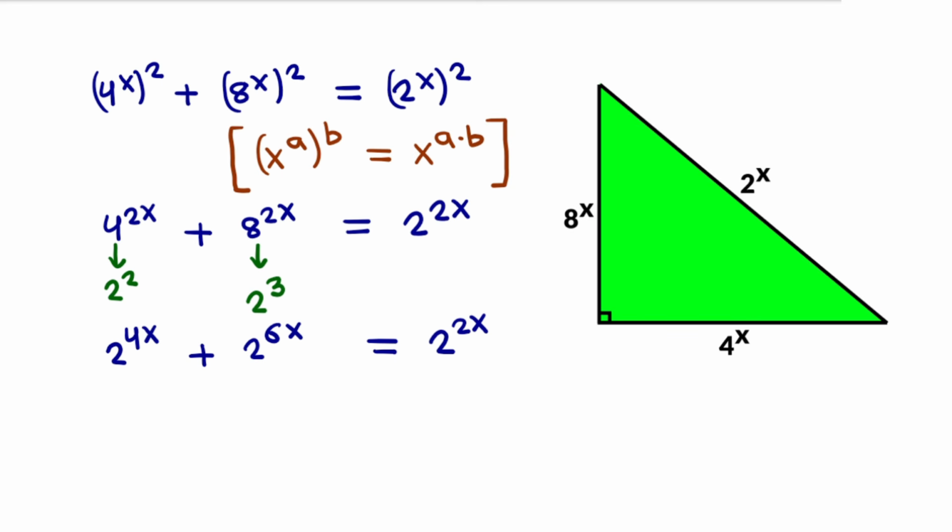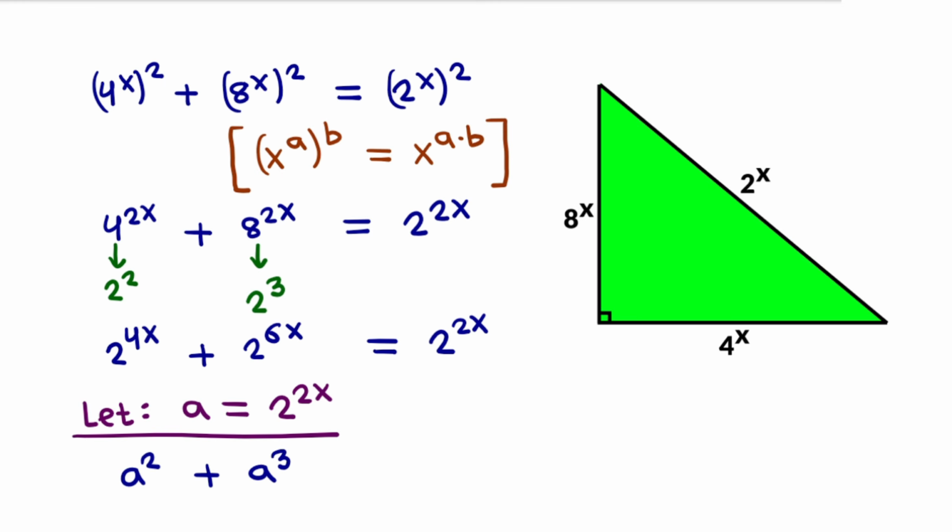At this point, every term involves 2 to the power of 2x. That suggests a very useful substitution. Let's let a equal 2^(2x). Watch how clean the equation becomes. a squared plus a cubed equals a.